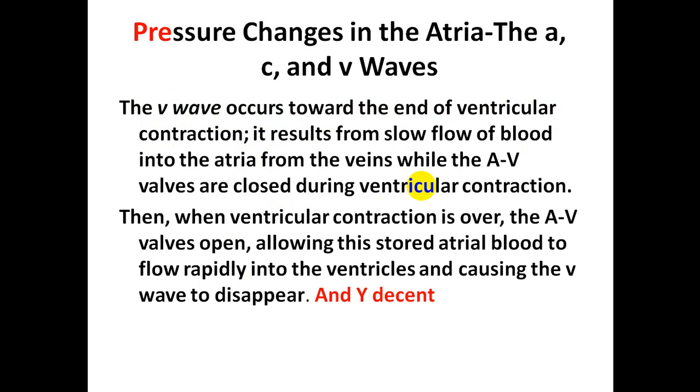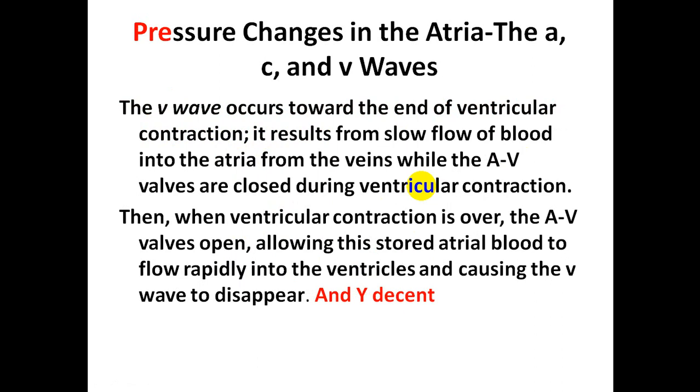During ventricular contraction, or systole, the AV valves are closed while the venous return into the atria is continuous on the left and right, and blood accumulates and fills the atria. So at the end of ventricular contraction, the atria are filled, giving us the V wave.